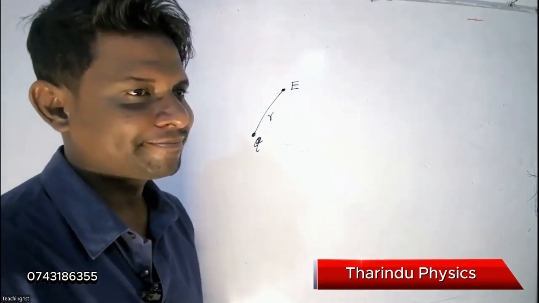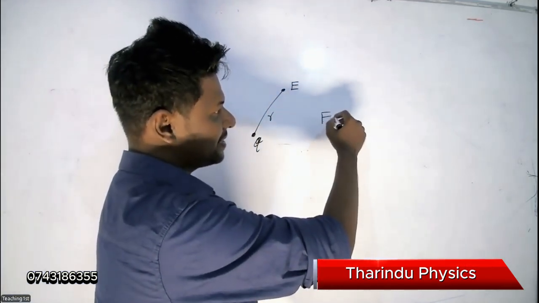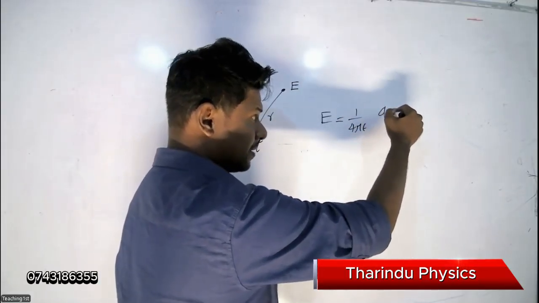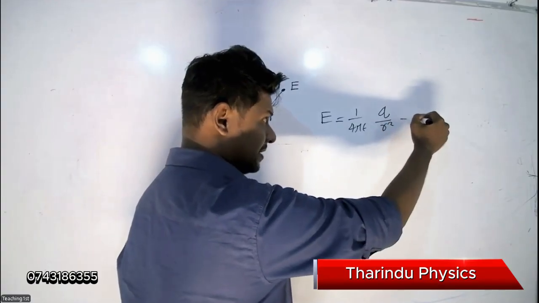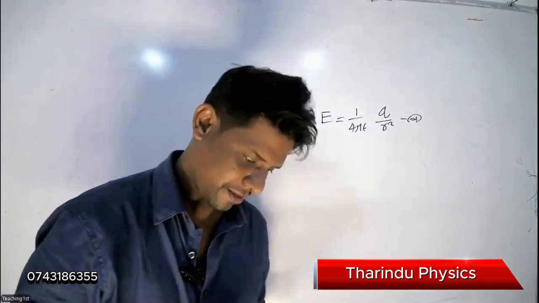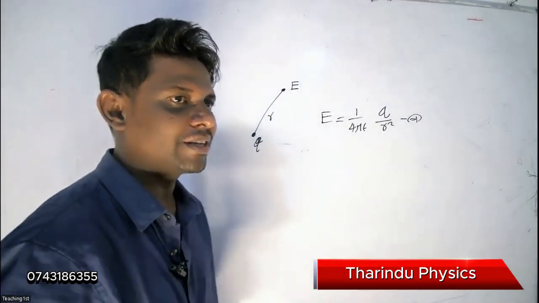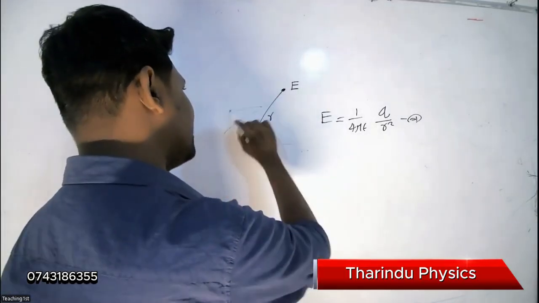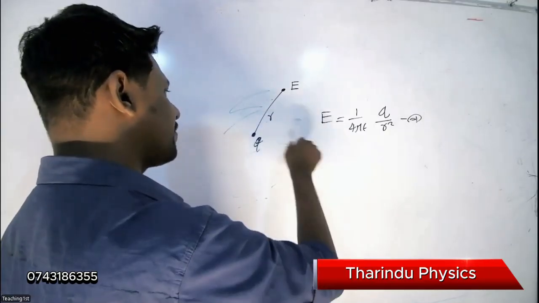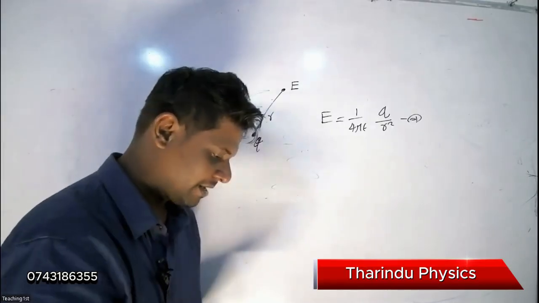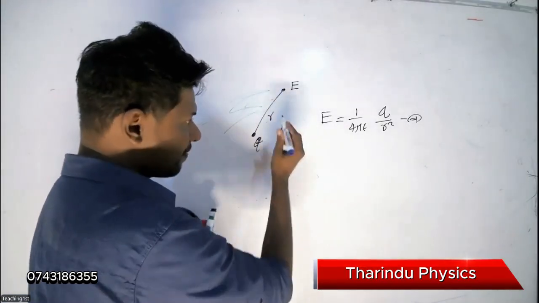The electric field intensity is 1 over 4 pi epsilon naught, Q over r to the power 2, is the generalized method. But this is not in free space. It is filled with a certain material of dielectric constant K.